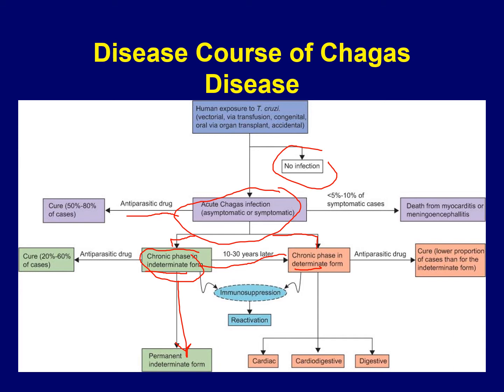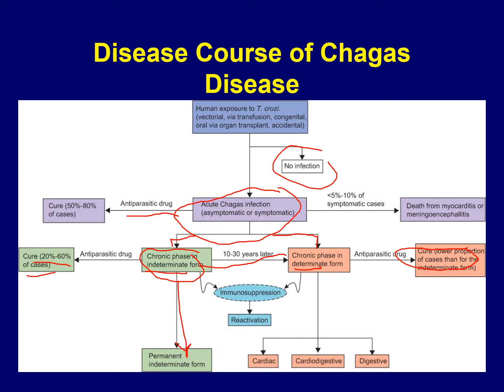And if we treat people with chronic indeterminate form, there is a lower cure rate, 20 to 60% of cases. If we give antiparasitic drugs to patients with the determinate form, there is an even lower cure rate than the indeterminate form. So unfortunately, not a very positive prognosis.